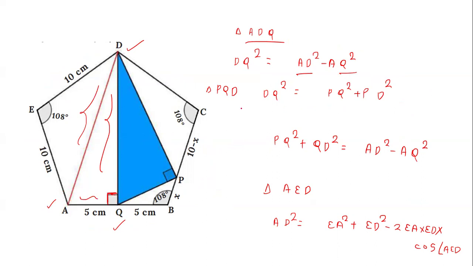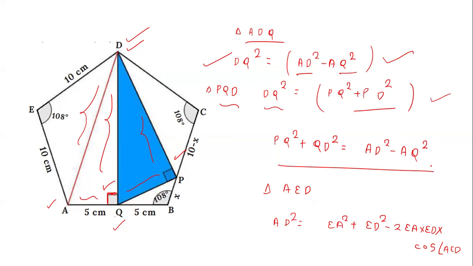And if you look at the triangle PQD, with P, Q and D, we can write DQ square as PQ square plus PD square. We know both are equal to DQ square, so we can equate them.